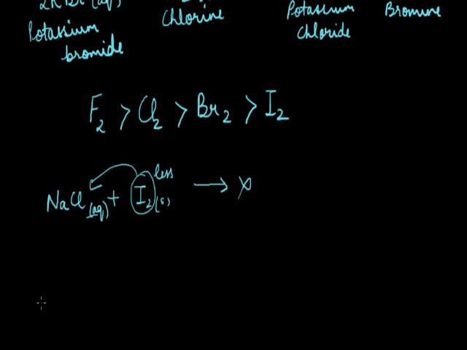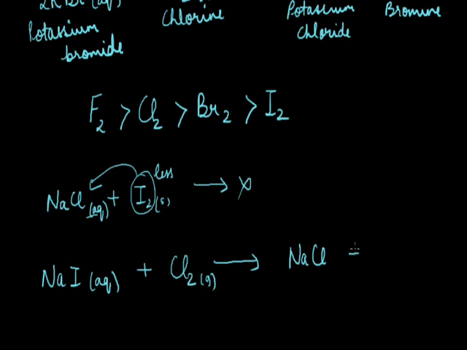And if the salt of iodine, that is NaI, is taken and we pass chlorine gas through it, then there will be formation of NaCl and iodine. This is how we can show the displacement of a less reactive nonmetal by a more reactive nonmetal.